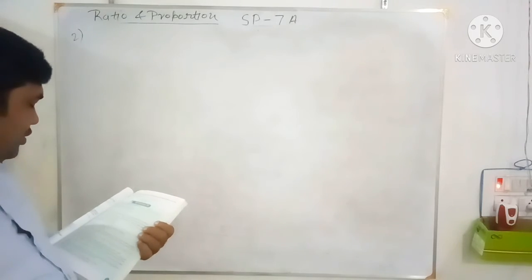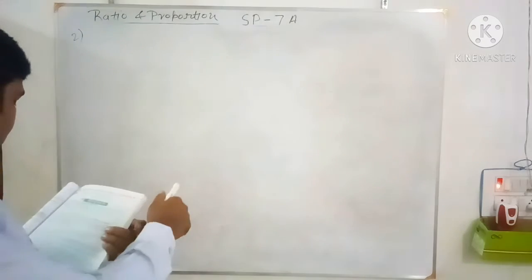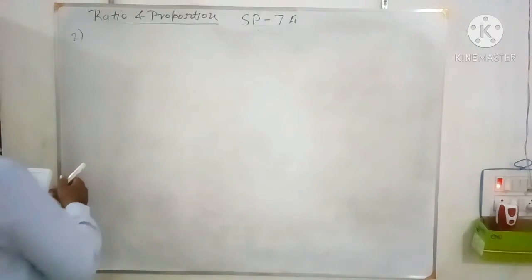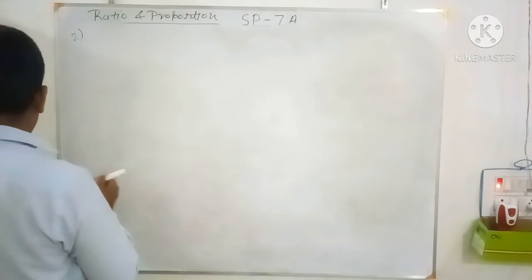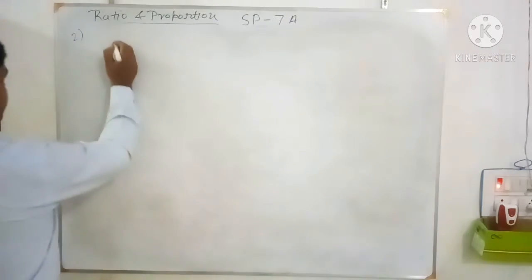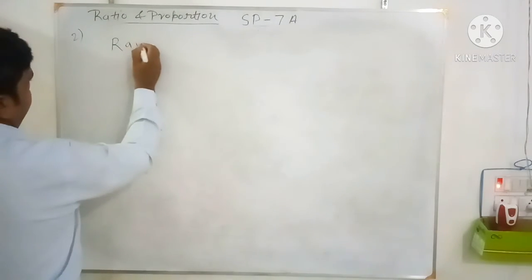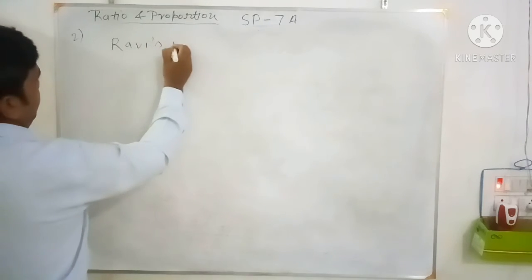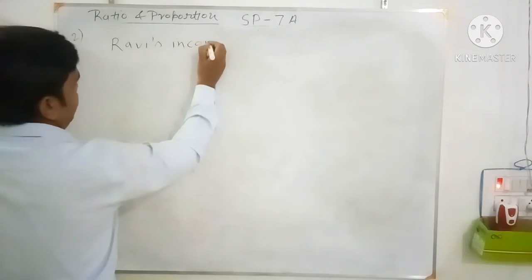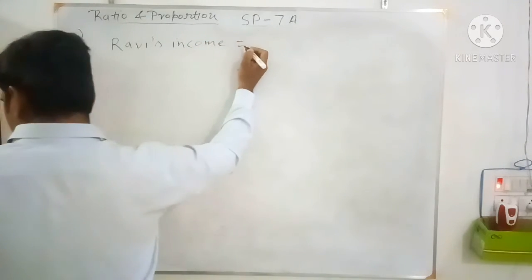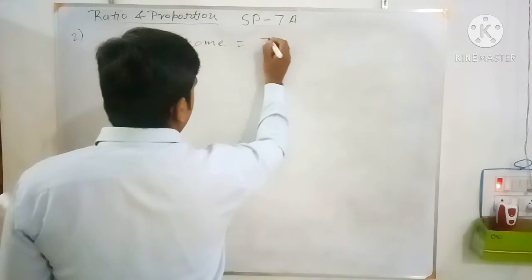Find in simplest form the ratio of Ravi's income to his savings. So Ravi's income is given here. Savings we don't have. So Ravi's income equals rupees 84,000.